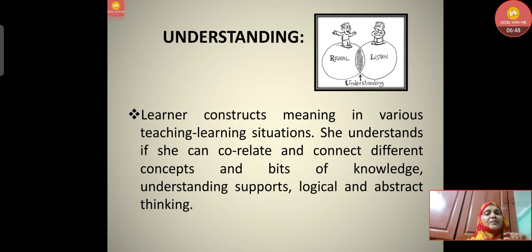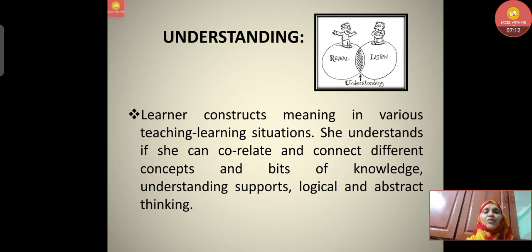Obviously, when the teacher teaches the students the topics and concepts bit by bit, the students' understanding will increase, and it will support logical and abstract thinking. Logical means if it is happening, why it is happening. Logically they start thinking about it. Abstract means they feel.